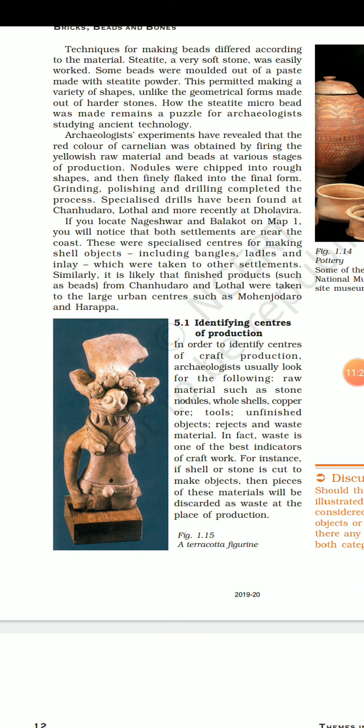Now, the original raw material, the red carnelian, before being red, used to be a plain yellowish raw material, and beads at various stages of production. From that yellowish soil, some beads used to be made. After that they used to be put into fire, and when they were quietly fired, then after a long period of firing, they used to automatically adopt a reddish color.